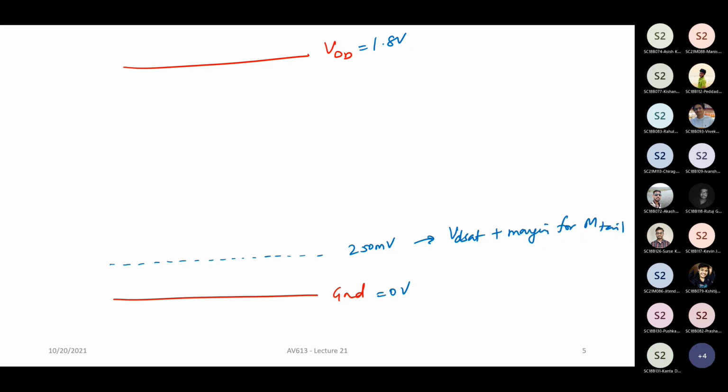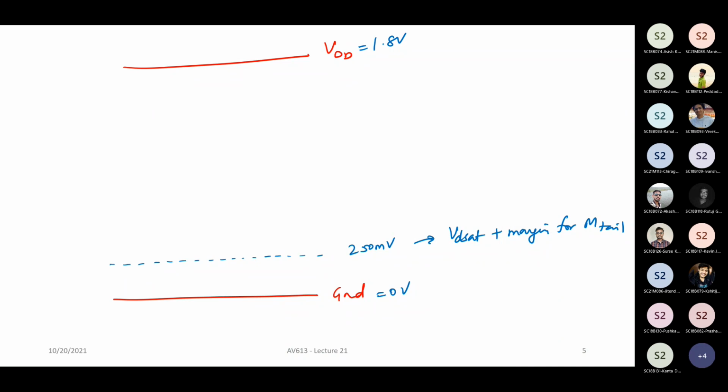Always in industry, when you design, you will have a certain VD sat. Let us say, for example, the VD sat of the tail transistor is 150 millivolt. You always try to have some 100 to 150 millivolt margin, so that your tail transistor across PVT variation, as temperature changes, your process corner changes, or your voltage changes, you still have some room for this transistor to be in saturation.